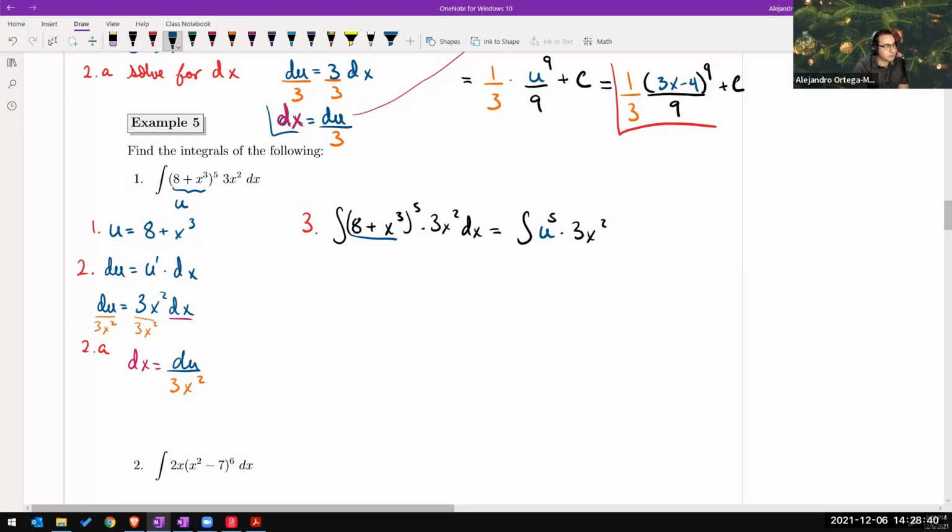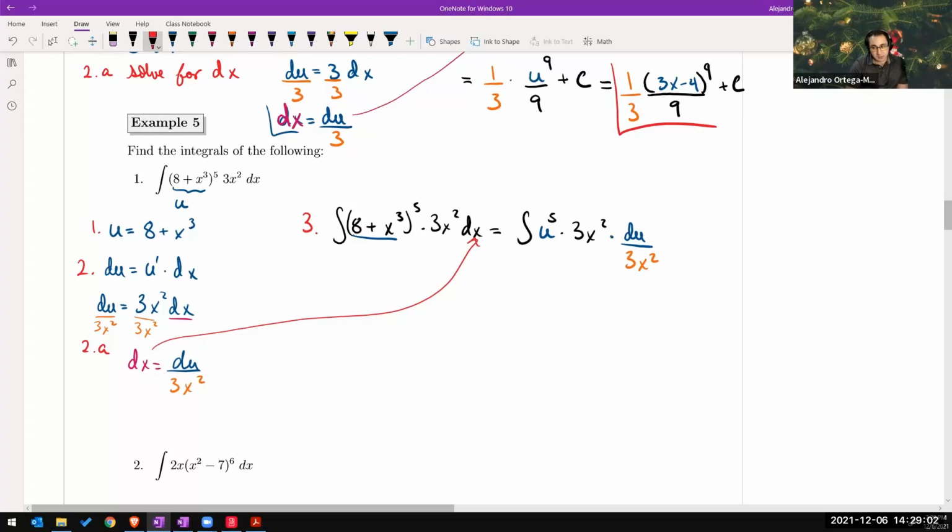Now I'm going to substitute the dx here. So we're going to get a du over 3x squared. And here's the key.